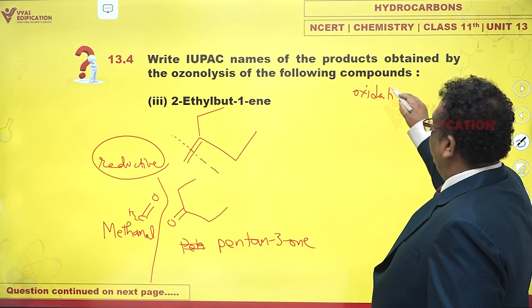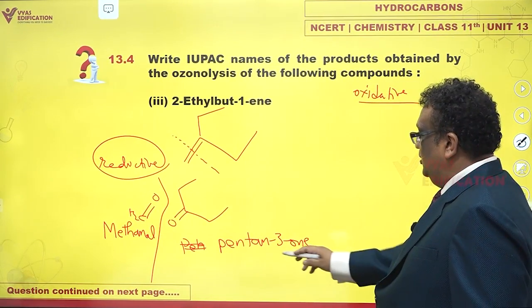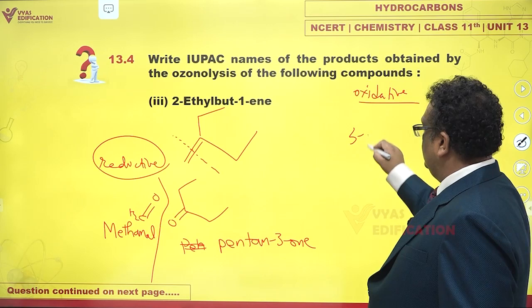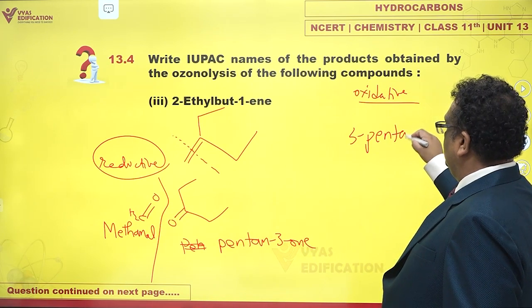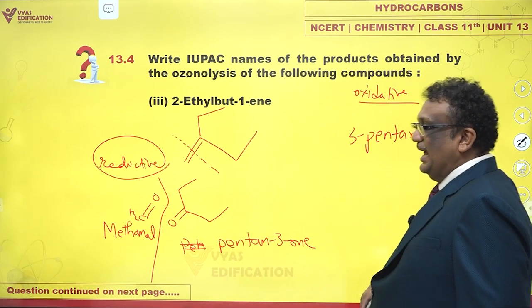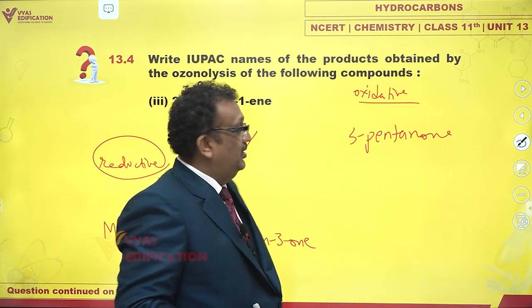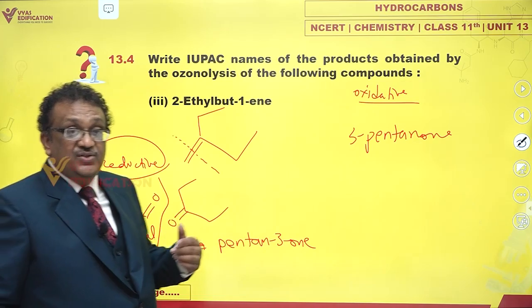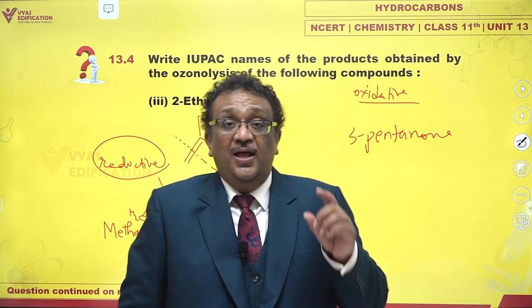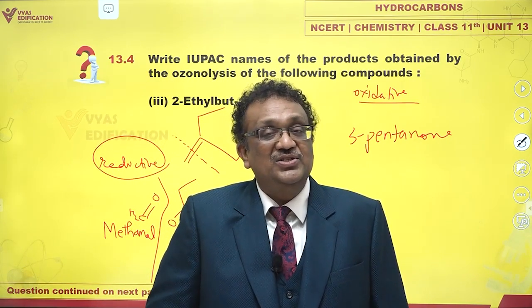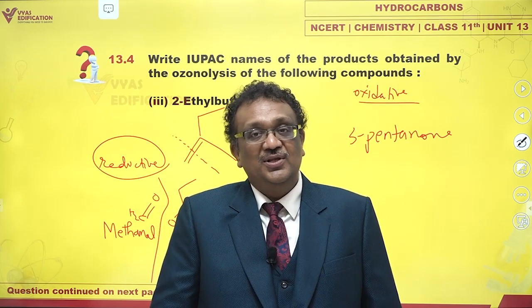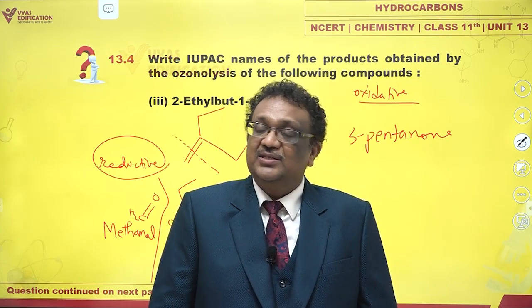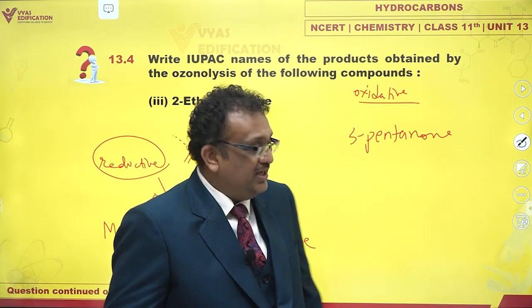If it is oxidative, please remember 3-pentanone stays as it is. But formaldehyde is very easily oxidized to formic acid. And usually acids are very difficult to oxidize. But there are two carboxylic acids which can be oxidized further.